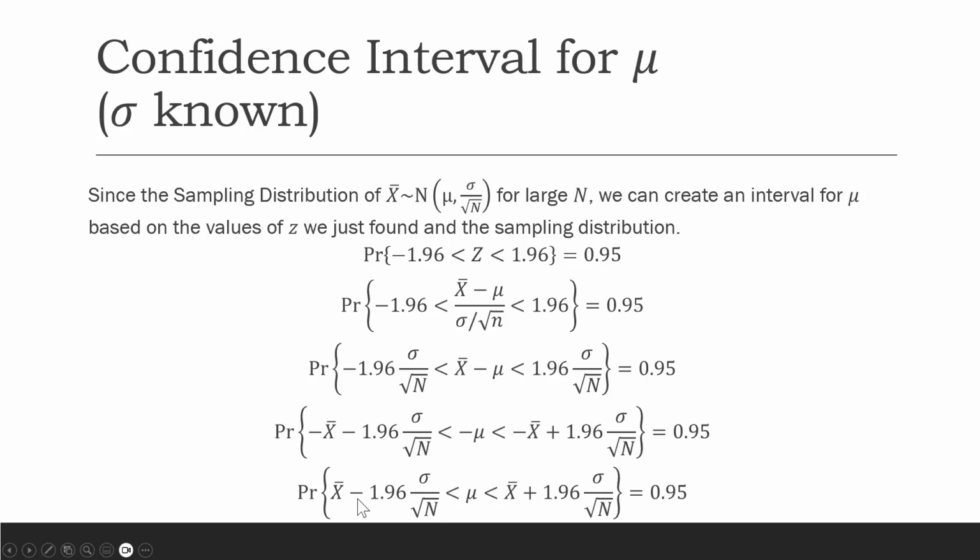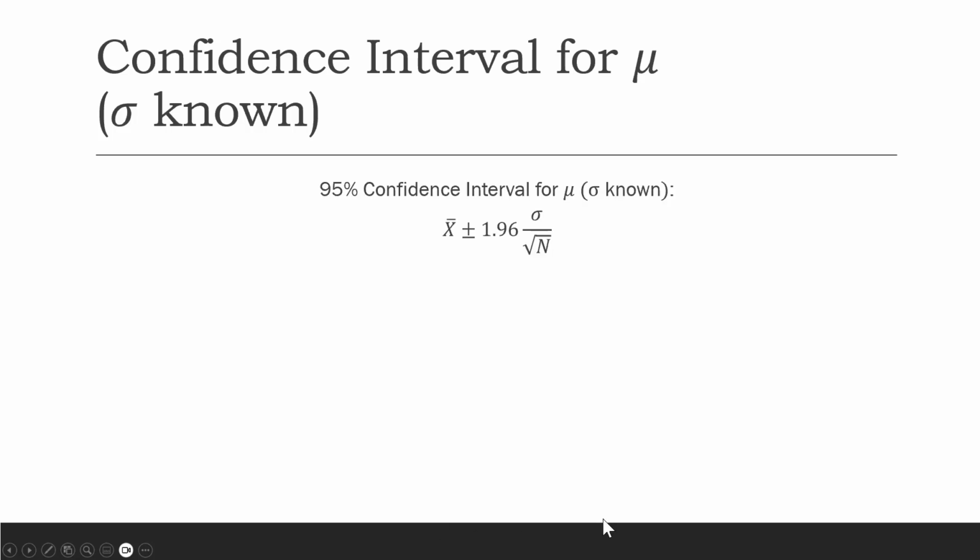All right, now we usually don't write it this way in terms of the inequalities here. We just usually give our confidence intervals this way. Confidence intervals always have a confidence level, and that confidence level comes from that probability statement that we just derived everything off of, right?